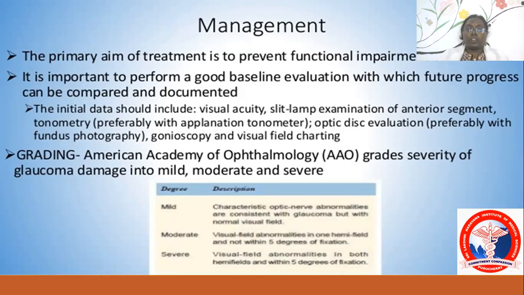Tonometry is done, preferably with an applanation tonometer, and optic disc evaluation is done with an undilated pupil. Gonioscopy is done and visual field charting, perimetry, is done.